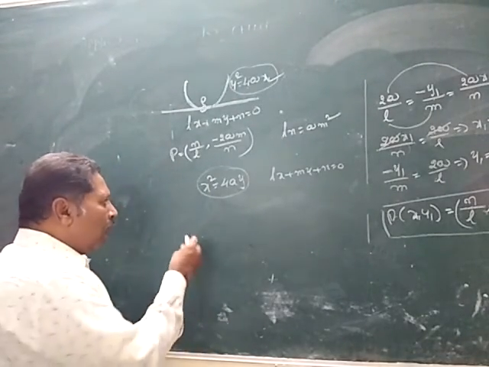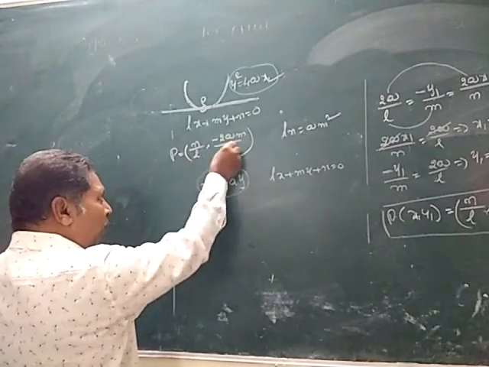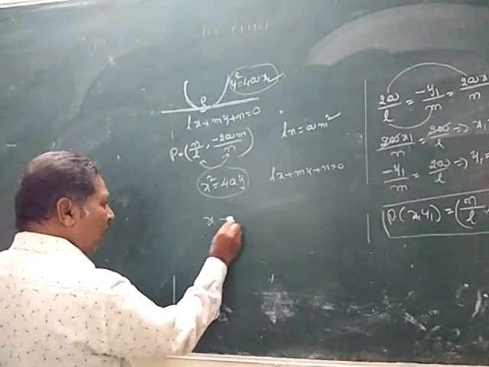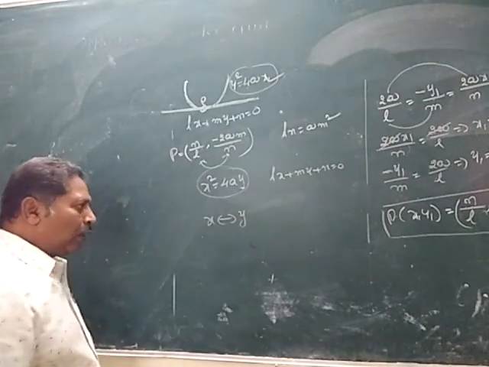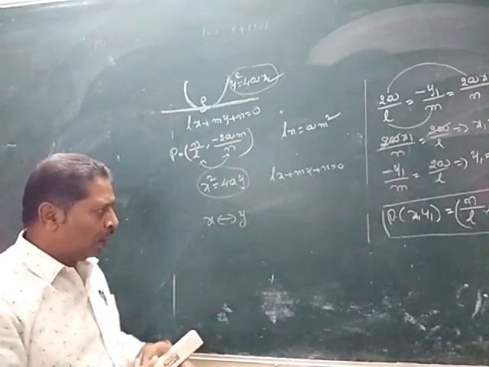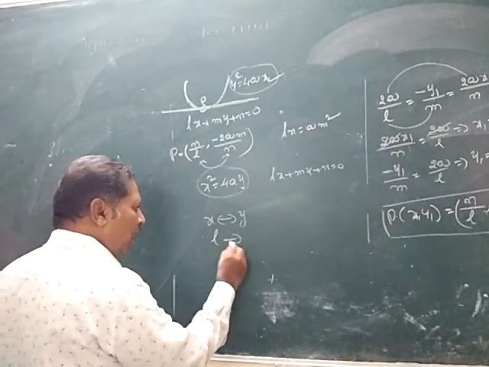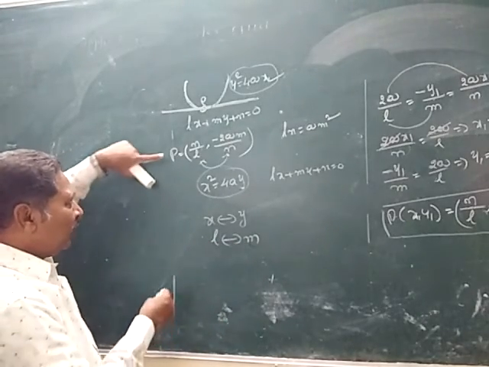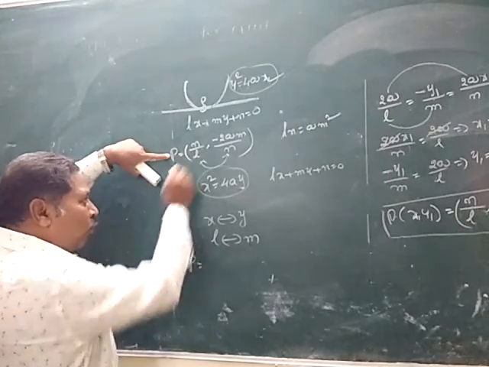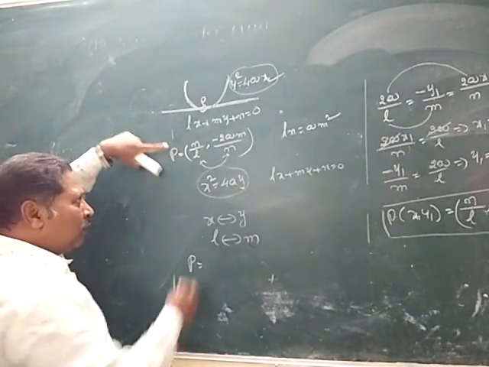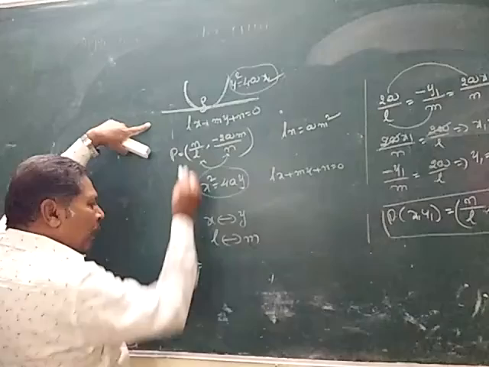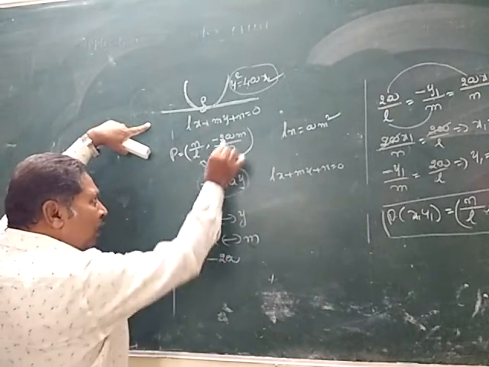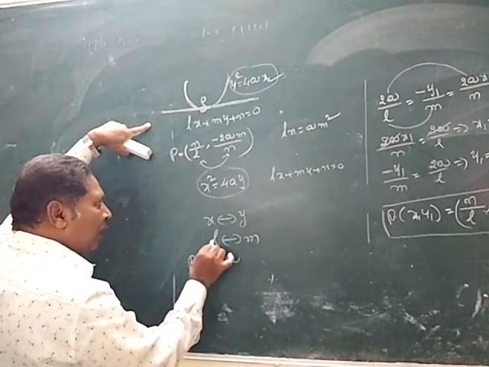Similarly, in this formula, the x coordinate and y coordinate are both interchanged, and also L, M are interchanged. That means this point of contact becomes: write this one in this place, minus 2a, where L and M are also interchanged.